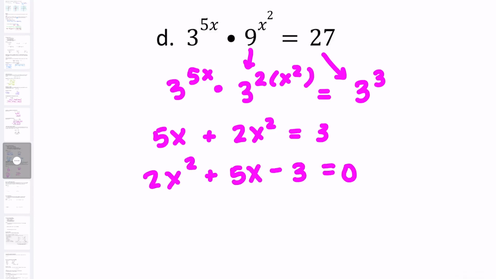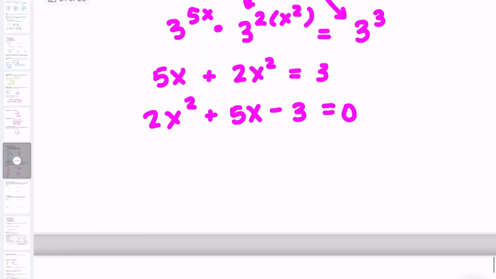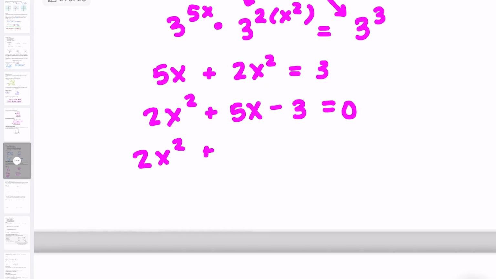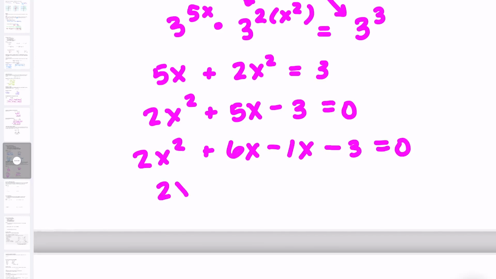And now we need to factor. If I want to factor, I'll go ahead and do this by grouping. I'm going to write 6x minus 1x minus 3. They have a 2x in common on the left and a negative 1 in common on the right.